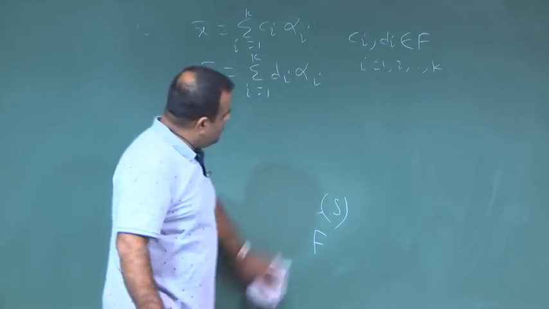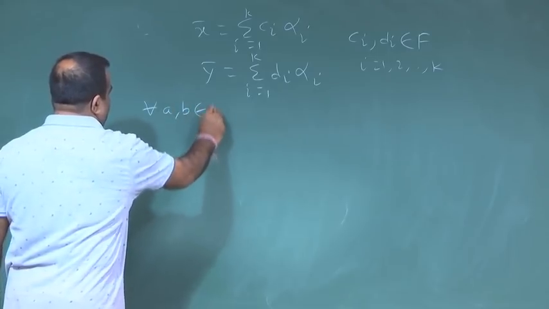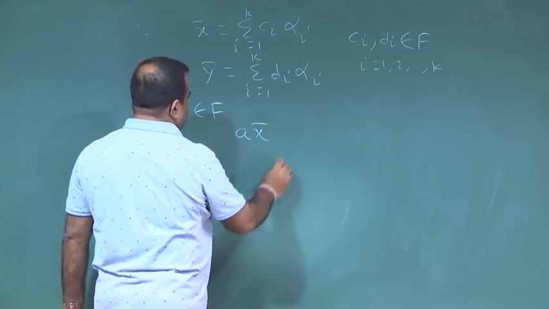Now, we take two arbitrary scalars a and b, for all a, b belonging to F. What is a x plus b y?